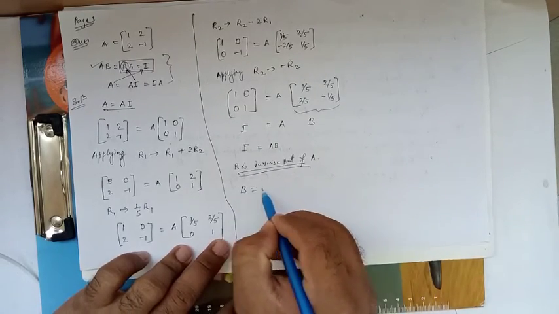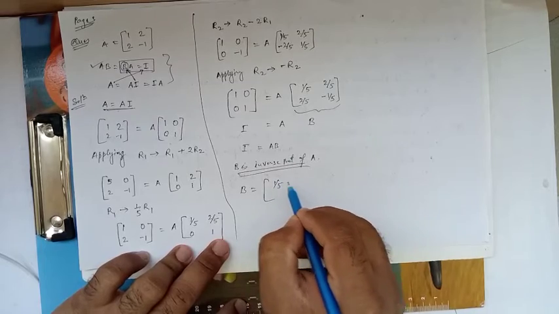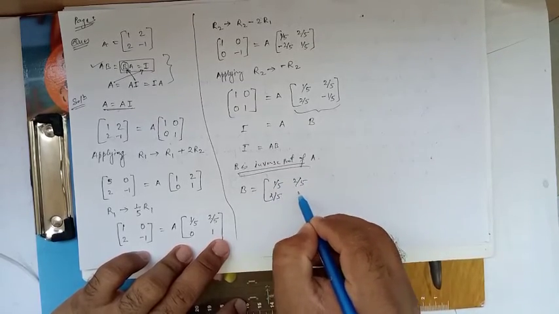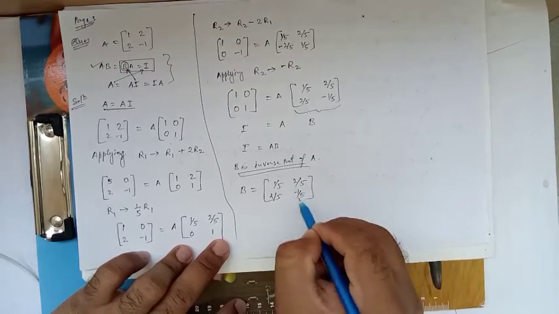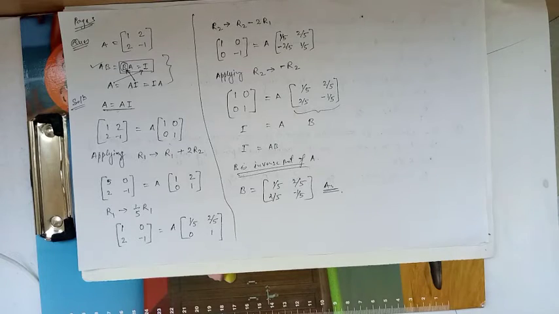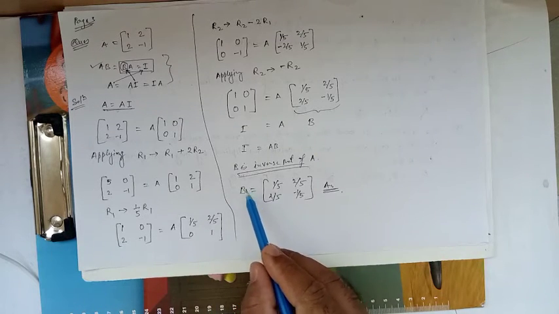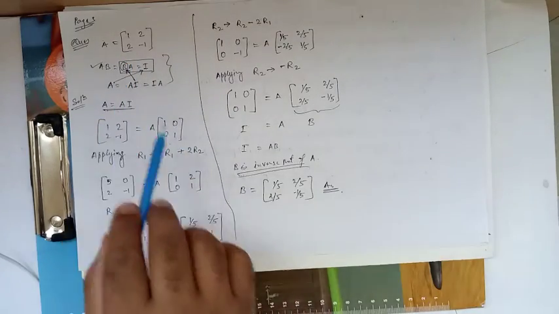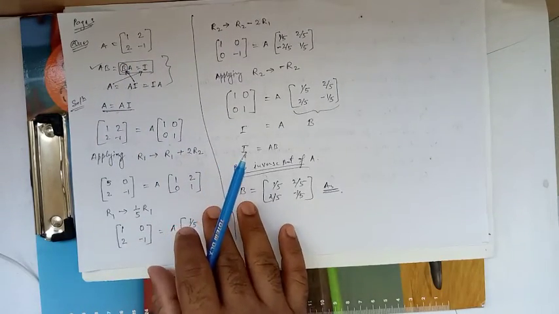So B equal to 1 by 5, 2 by 5, 2 by 5, and minus 1 by 5. This is our final answer. By elementary row operations we have performed, and we found the matrix B, which is inverse of this matrix.